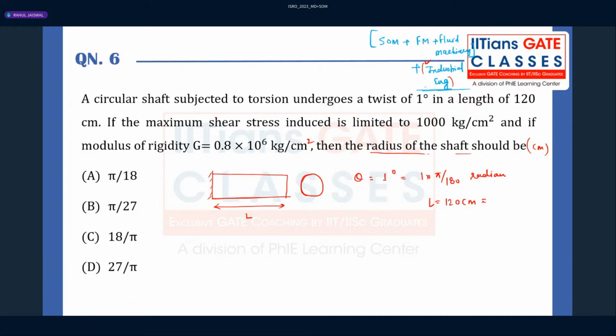Let's see. Here we have the relationship T by J equals tau by R equals G theta by L. What is this equation we call? The torsion equation, right?